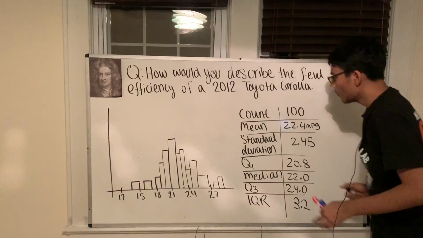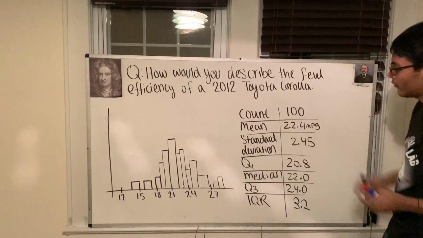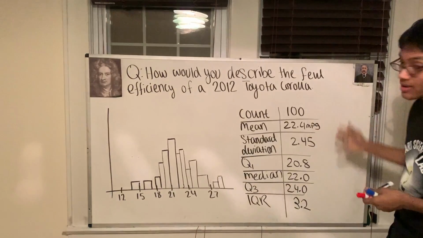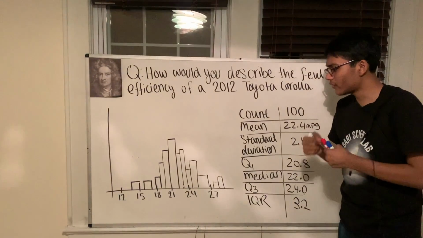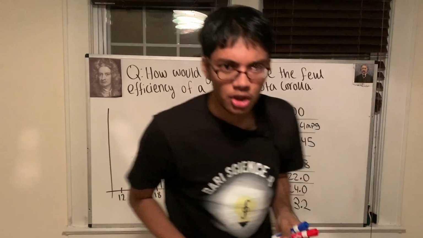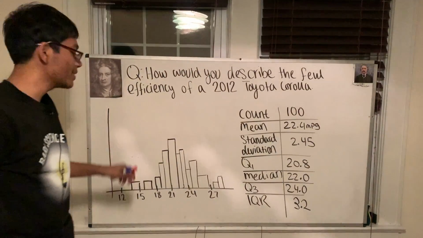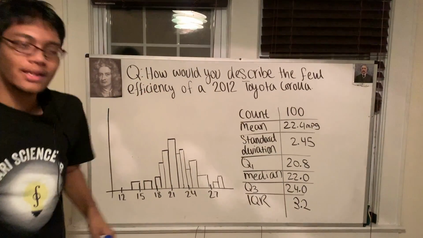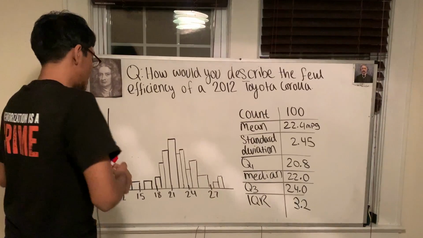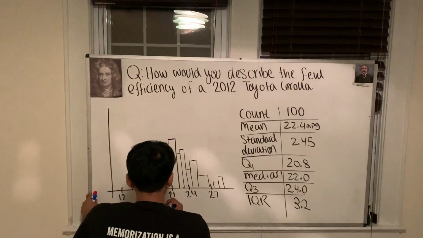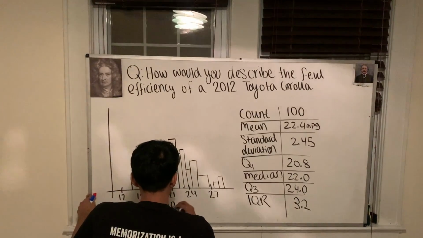Alright folks, so we've just drawn our histogram, we've just drawn our conclusions about the data, but before we go any further, this histogram is missing two key components. Number one, labeling the axes, and number two, a title on the histogram. So let me give you the title. This right over here is going to be my miles per gallon.